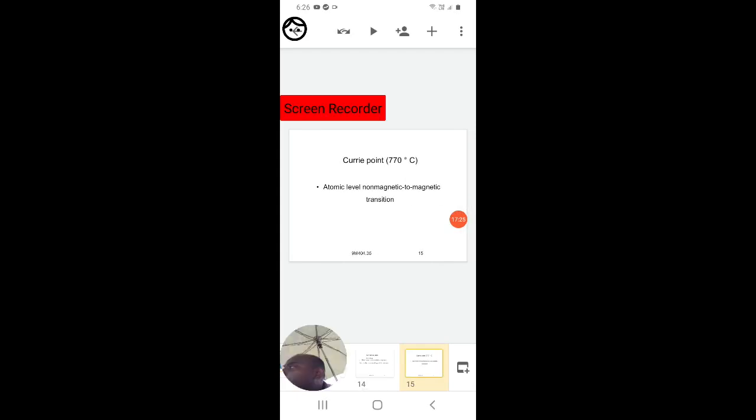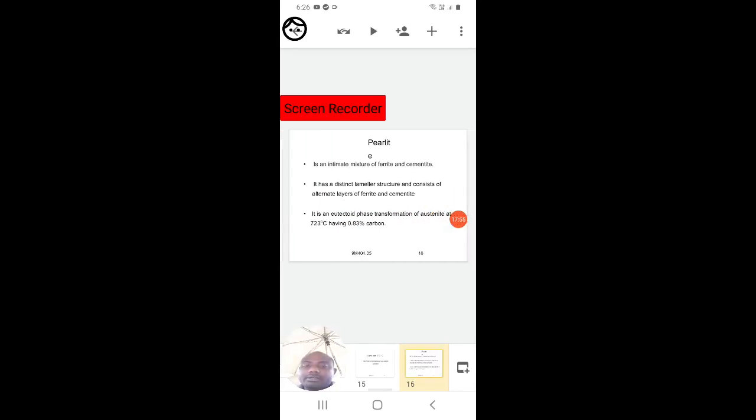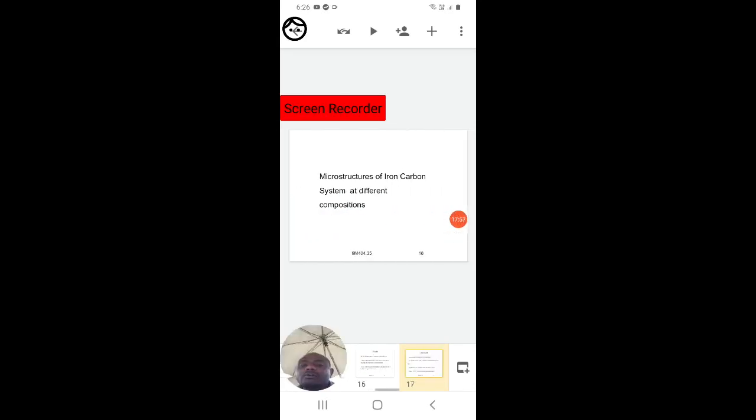We have seen gamma iron, delta iron and alpha iron, and you will also see the Curie point, the atomic level transition from non-magnetic to magnetic. Up to 770 degrees and below, the material has magnetic properties. That magnetic property changes at 770 degrees centigrade, and that point is called the Curie point.